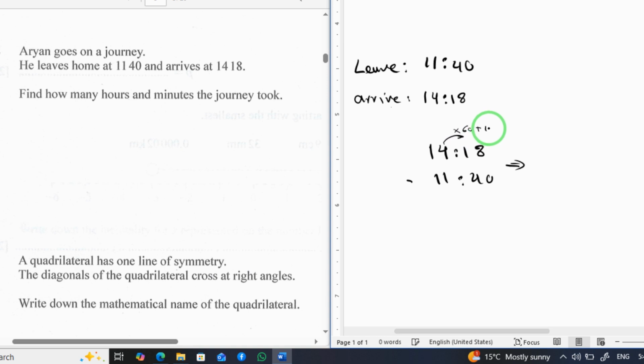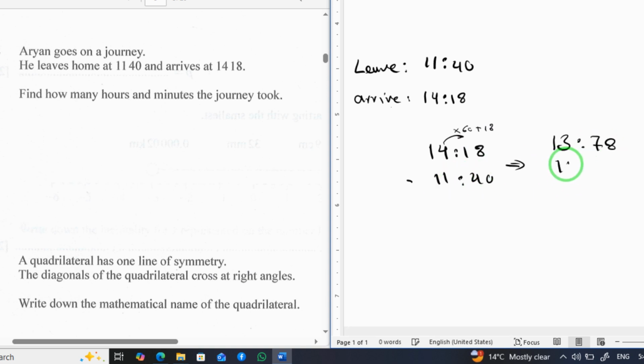So it becomes 13 hours and 60 plus 18, which is 78 minutes.